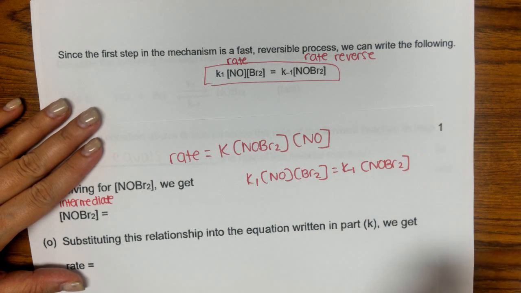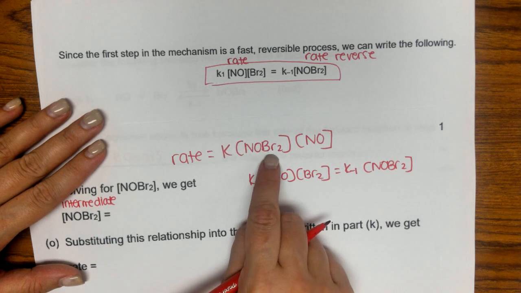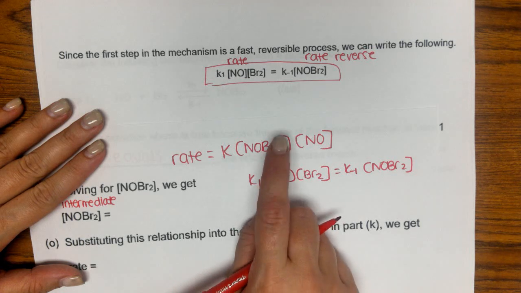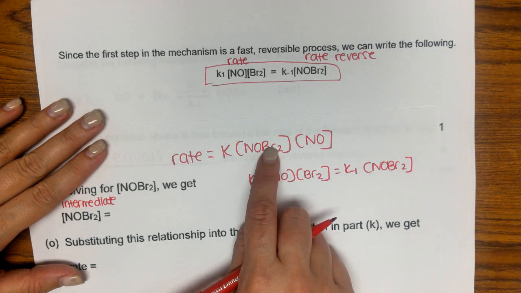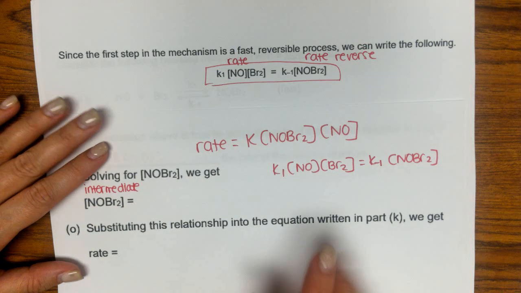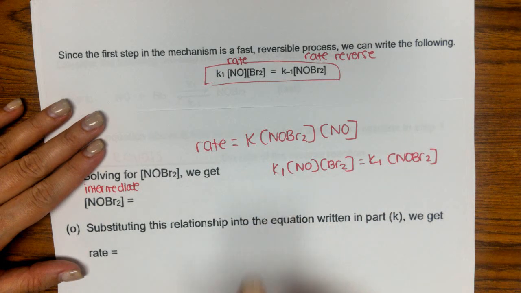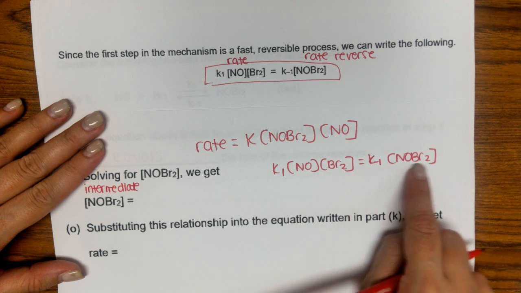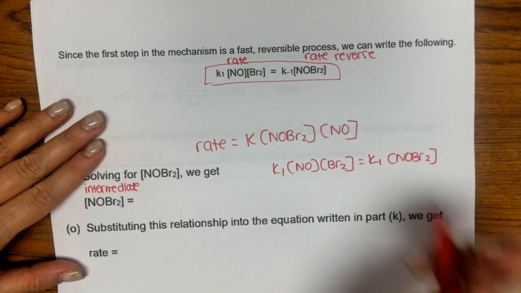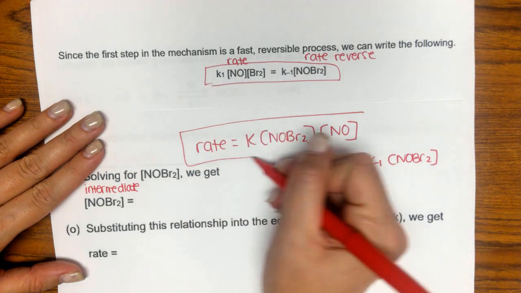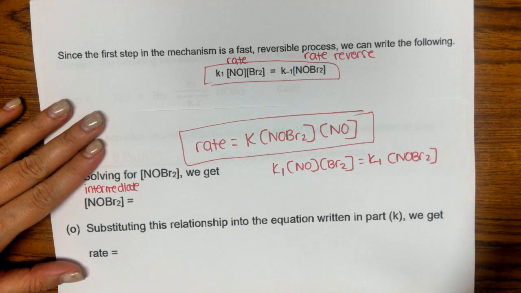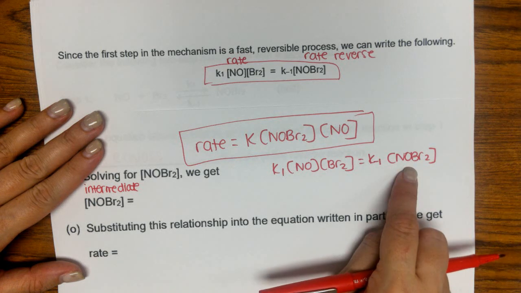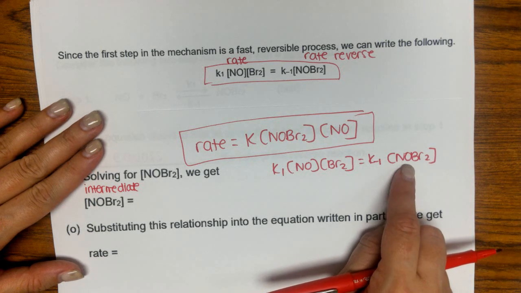And so again, why are we doing this? Because this can't be our overall rate law. That can't be your final answer because that's an intermediate. And so we went to the first step again, and we said because it's fast and because it's reversible, the rate of the forward equals the rate of the reverse. And now, because I'm trying to change this reaction into something proper that we can say, I'm going to solve for NOBR2 and isolate that variable.